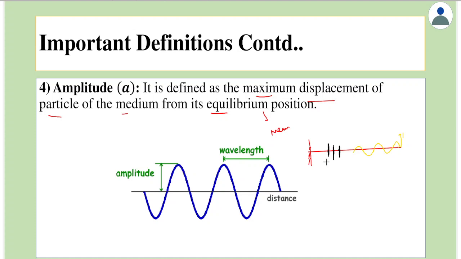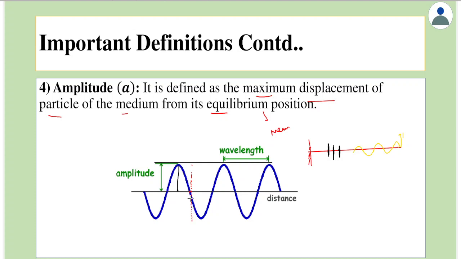How far they go from the mean position is called amplitude. In this case, the particle from here has gone to this position. Keep in mind that every particle in this wave would go to the same extent from the mean position. Apparently this particle here is at the mean position. Later it may go like this and also come back to the other end.